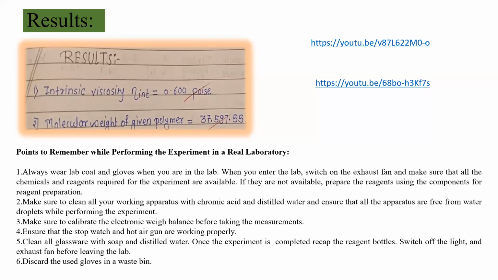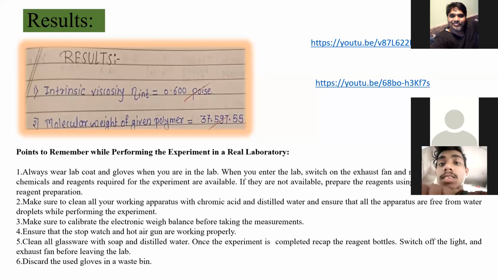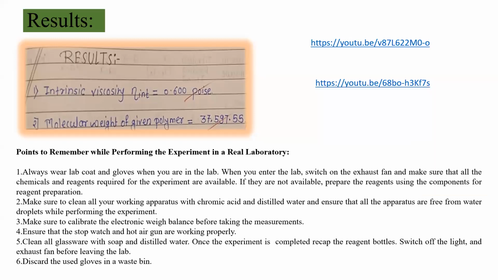You should always use an apron and gloves on your hands. Then ensure the stopwatch. Stopwatch हा हॉट एअर मध्ये किंवा तुमच्या वर्किंग प्रॉपरली करते की नाही ते बघणं गरजेचं आहे. Clean all the glassware with soap and distilled water before the experiment. After the experiment we can discard the used gloves and waste materials into the dustbin.